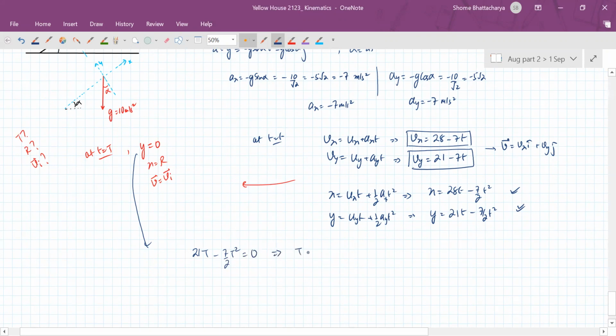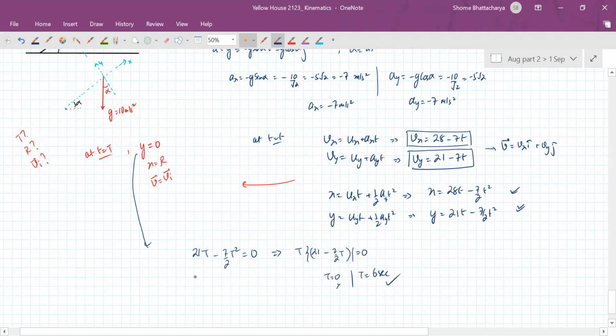So you'll get the time as 6 seconds. So 6 seconds is the total time.